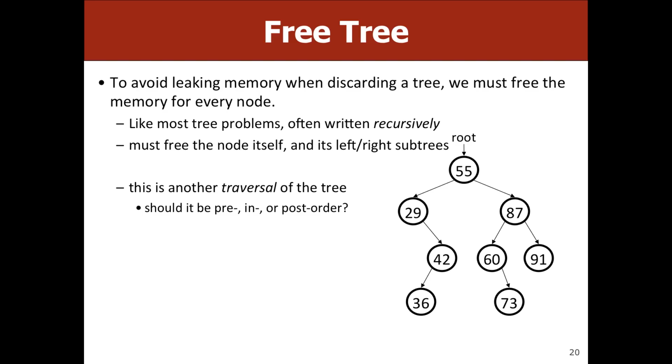So does anybody have any ideas of anything we can use to solve this problem? Yeah, exactly. So the suggestion is we could do a post-order traversal. Why wouldn't a pre-order or an in-order traversal work here?